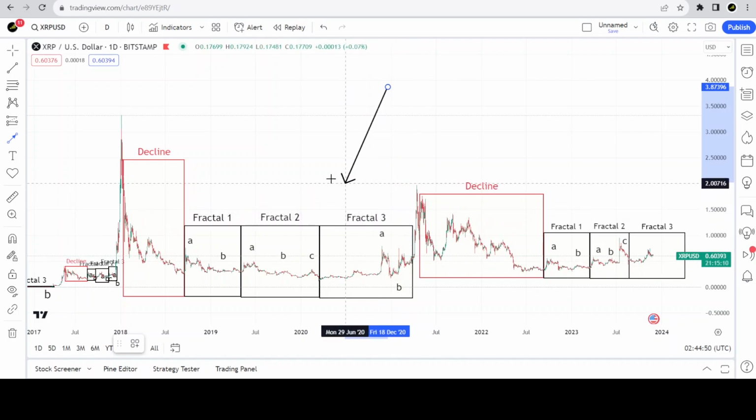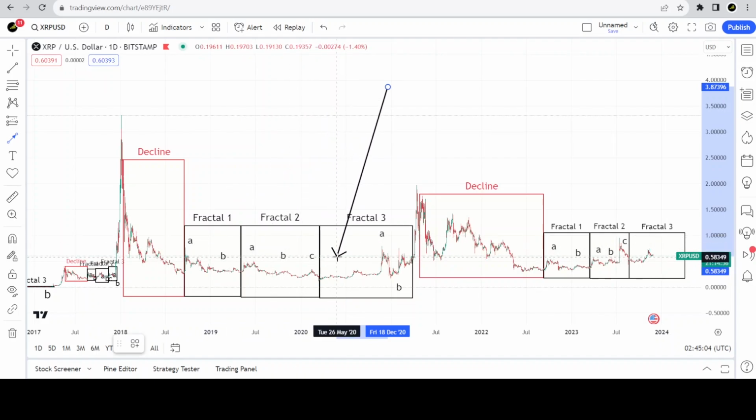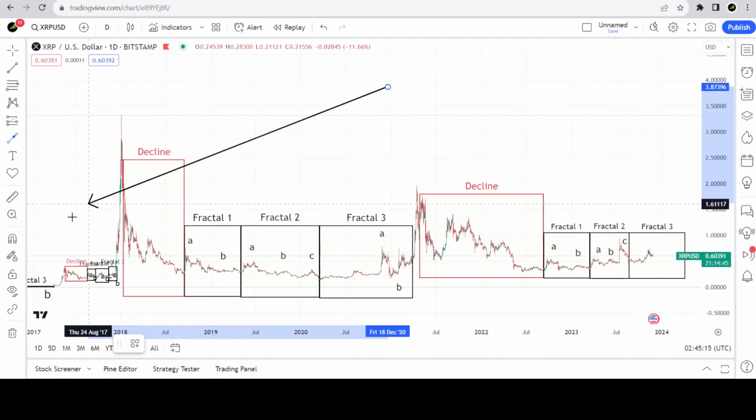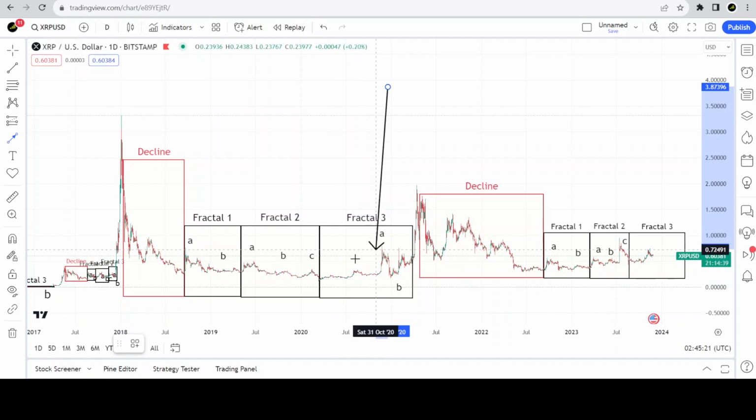Now, these fractals have played out many times in the past, and every time they play out, they look a little different, they look unique. For instance, this fractal 3 is different from this fractal 3. However, this fractal 3 and this fractal 3, they're different, but they're more similar. That's because recent history tends to repeat as opposed to something from its distant past, although it is the same thing repeating, the same idea of price moving up to a peak.